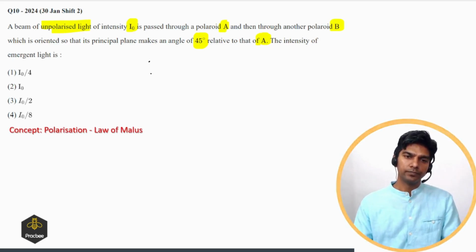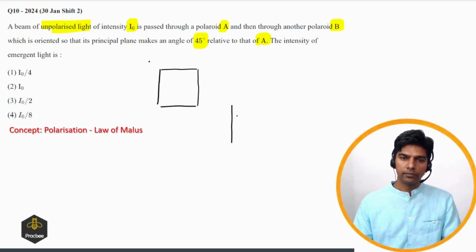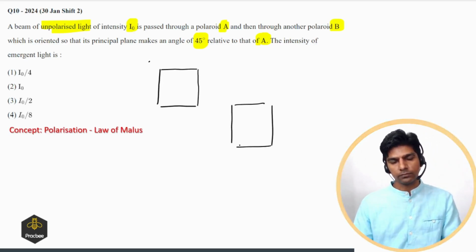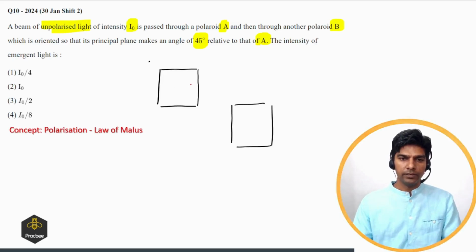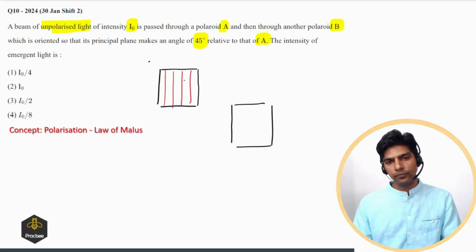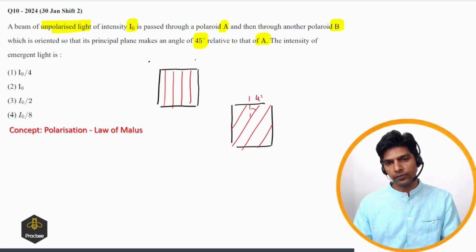So we have two Polaroids, and let us say the pass axis of the first Polaroid is vertical, and the angle between the pass axis of the first Polaroid and the second Polaroid is 45 degrees. So this angle is 45.